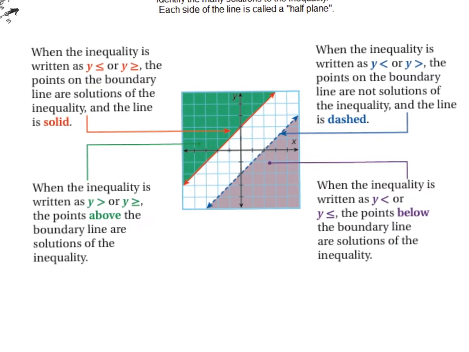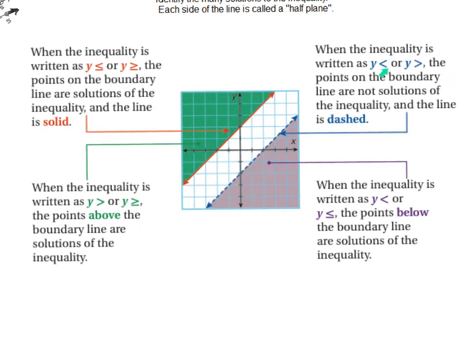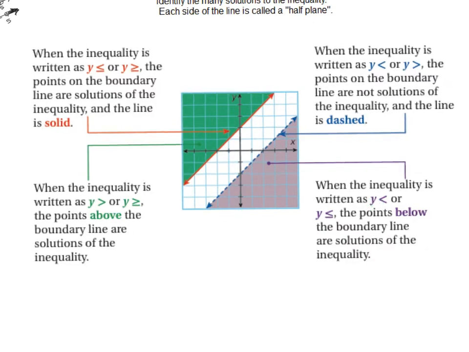When the inequality symbol is not or equal, the points on this line are not solutions, and therefore the line has to be dashed. When the inequality is greater than or equal to, you shade above the line. When it's less than or equal to, you shade below the line.